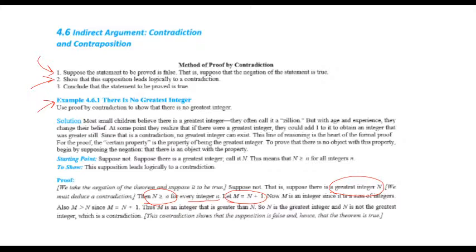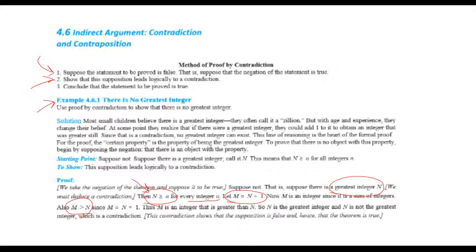So M, which is equal to N plus 1, is also an integer, but we know that M is greater than N because M is equal to N plus 1. So on one side we know that M is greater than N. Also we know that N is greater than all other integers.